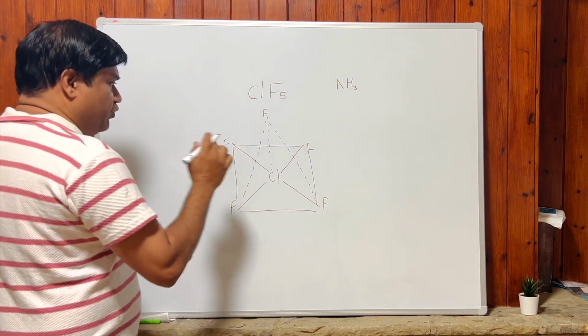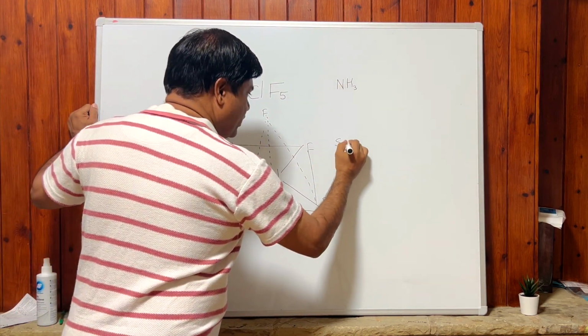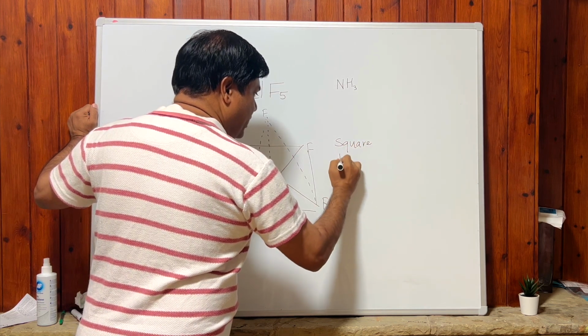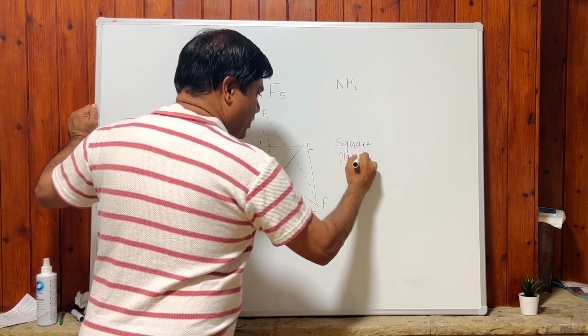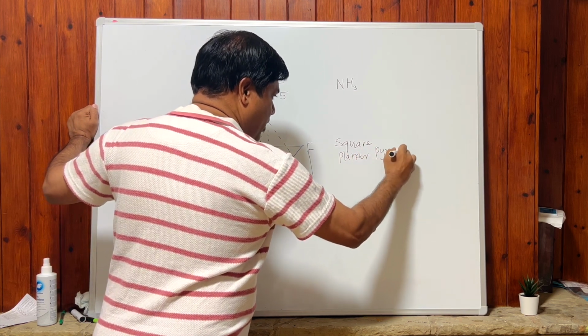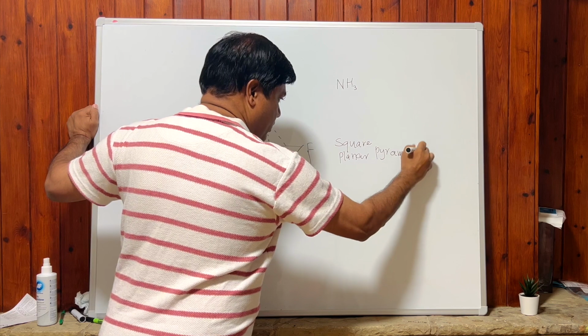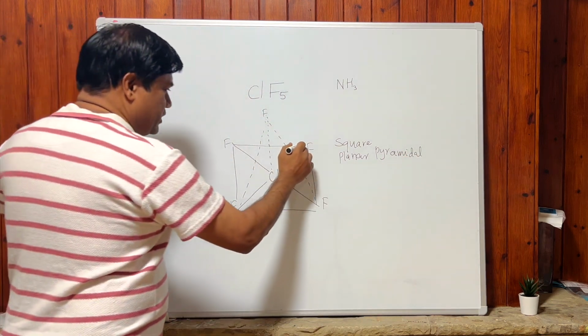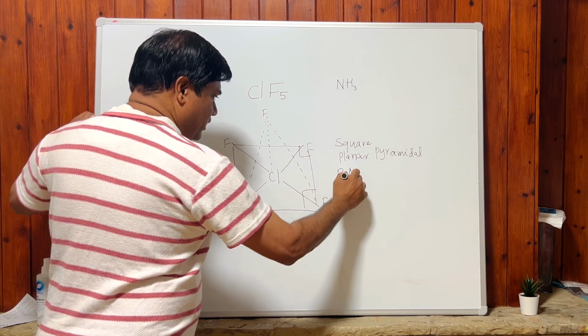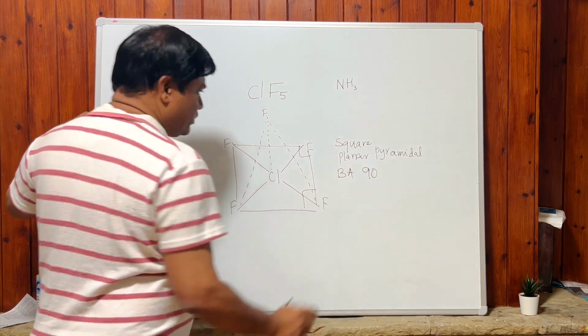Yeah, a very unique molecule. Square planar pyramid, and the bond angle is 90 degree, guys. Bond angle 90 degree.